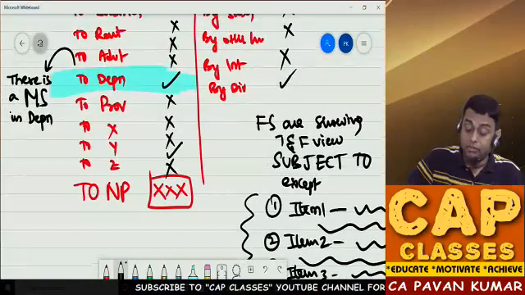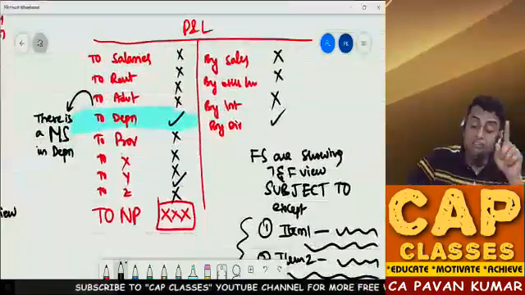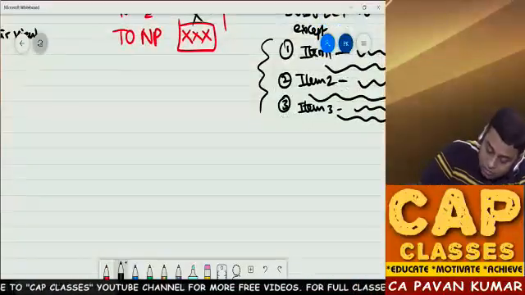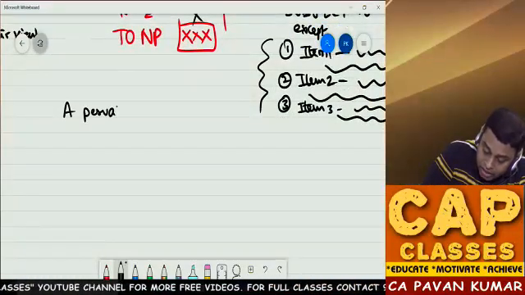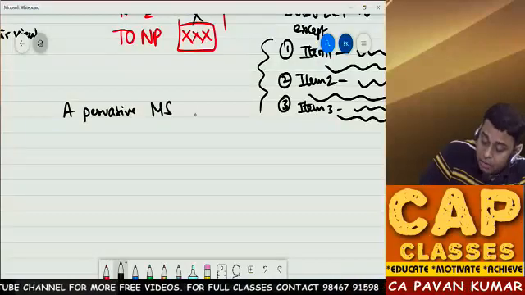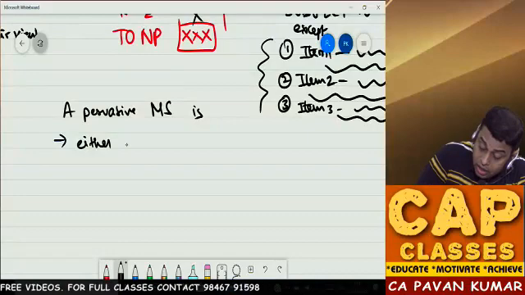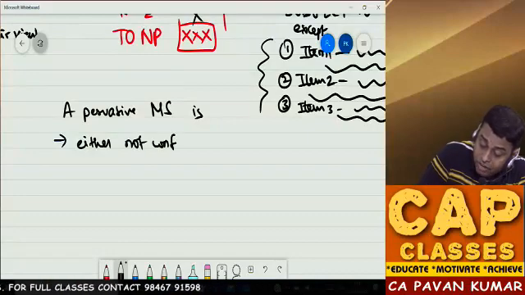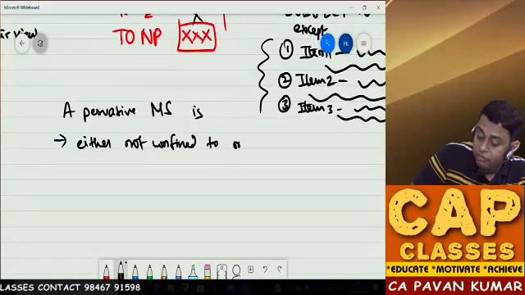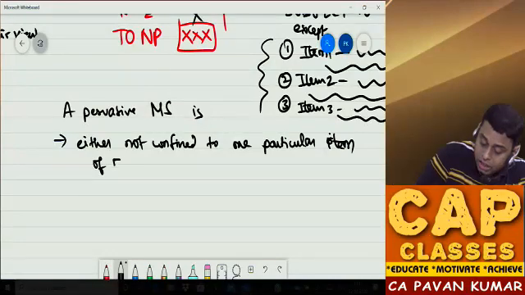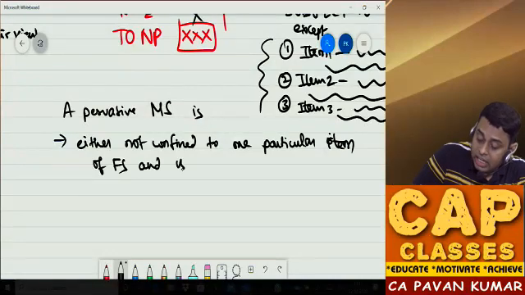Now a pervasive misstatement. A pervasive misstatement is either not confined to one particular item of financial statements, and is spreading across.